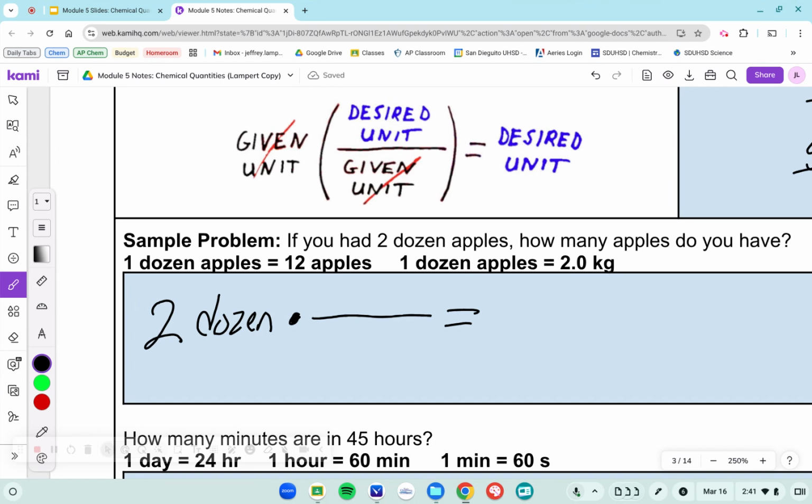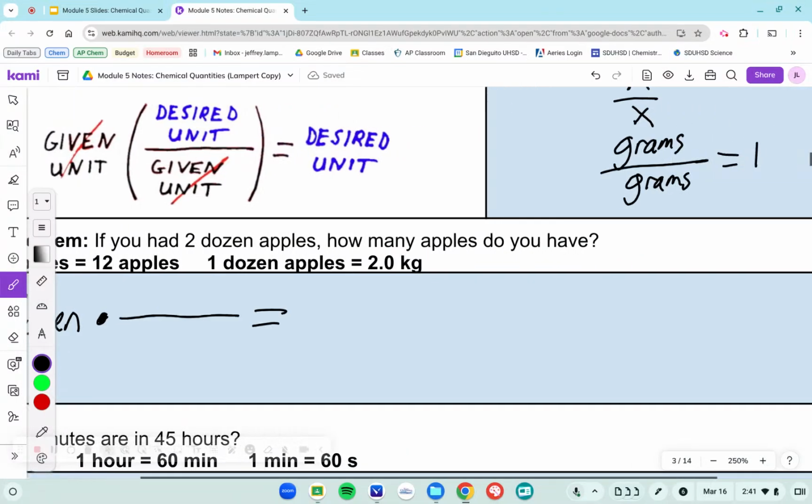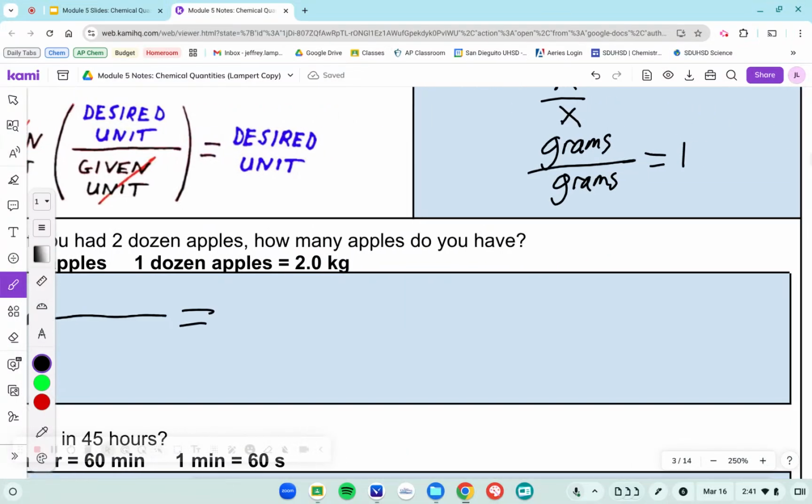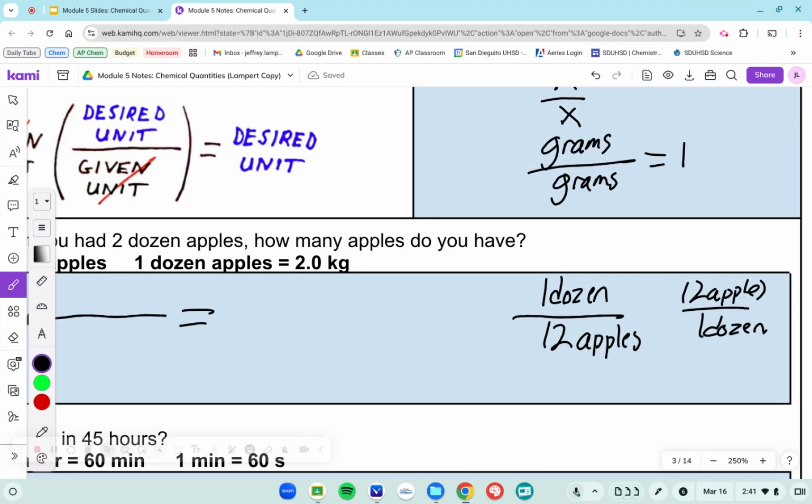Now, the first thing I'm going to do is just write out both conversion factors. I'm not going to need both, but I just want to have both in front of me. So my equivalences, or my conversion factors, would be 1 dozen over 12 apples, or I could have 12 apples over 1 dozen. All right?